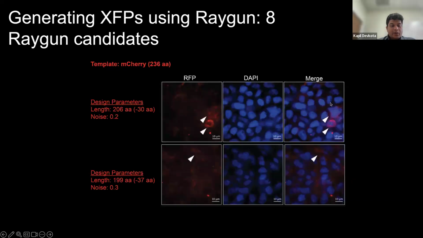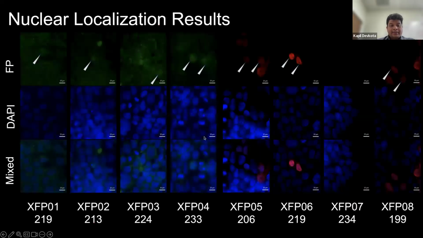What we found out is that the candidates with the lowest structural integrity actually fluoresced. Even the 199 amino acid candidate that did not preserve the chromophore had fluorescence in it. Just to be sure, we added a nuclear localization tag, and we wanted to see if it actually localizes to the nucleus.